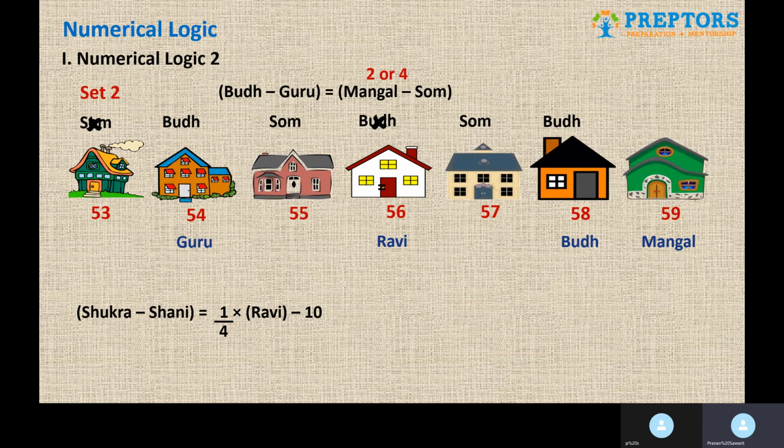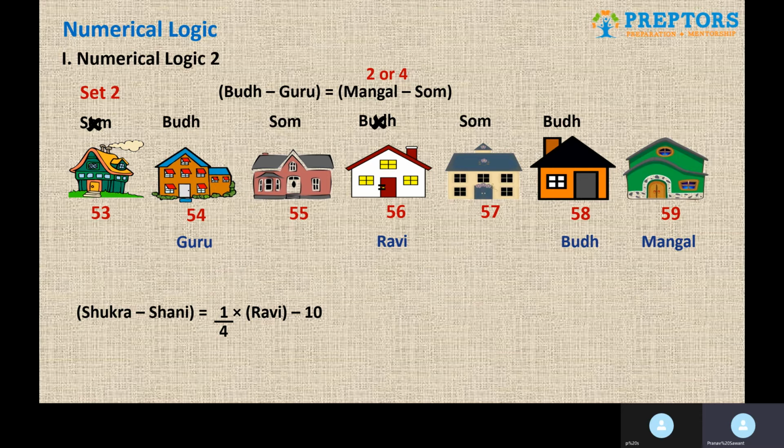So Mangal minus Som is 4. Mangal is 59, so Som has to be 55, because 59 minus 55 gives you 4. And the only possibility for Budh and Guru is 58 and 54 respectively, because 58 minus 54 gives 4. Hence, I figured out the room numbers of Mangal, Budh, Som, Ravi and Guru.